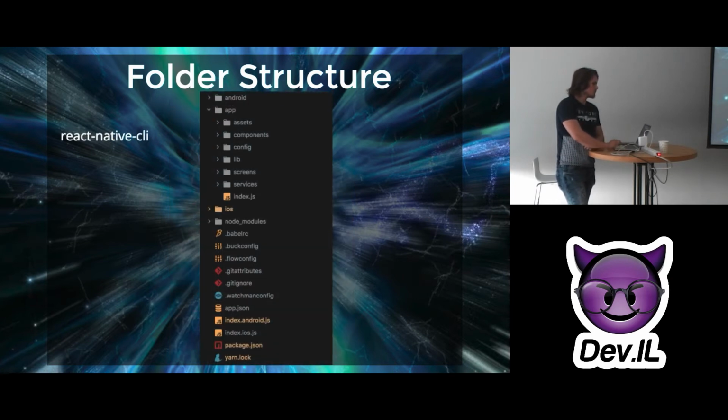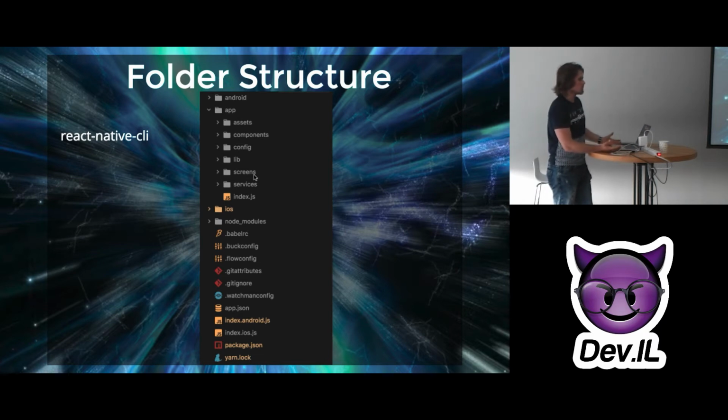And with the React Native CLI, you will get all these things. This folder structure: app, assets, components, config, lib, screens, services, and index.js. It's not something you will get out of the box. It's more to show you how a regular application's folder structure should look. You have your assets, images, SVGs, icons, stuff like that sitting inside assets, components obviously inside components.